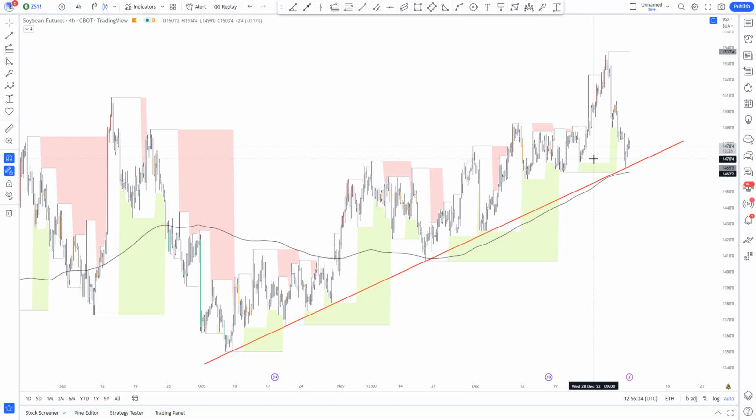So one of the patterns that I'm paying attention to, and it may take some time to form and to develop, will take into consideration this support at 1462, and the formation of the eventual right shoulder. So basically I'm paying attention to a potential right shoulder to be formed.